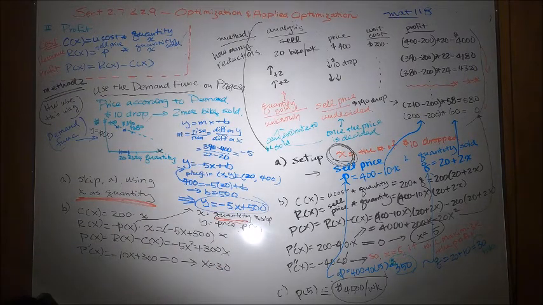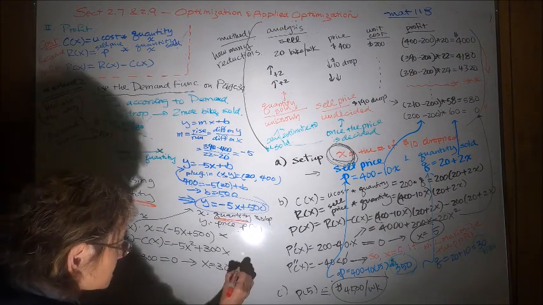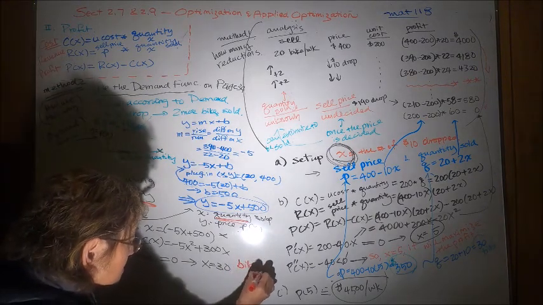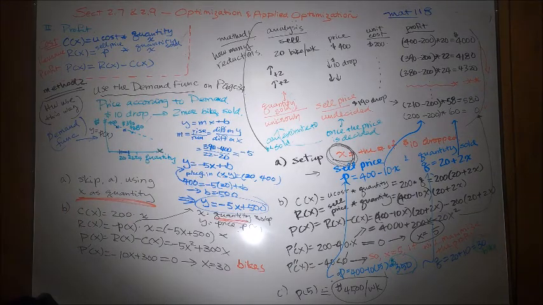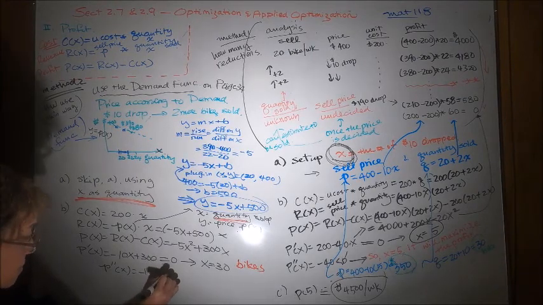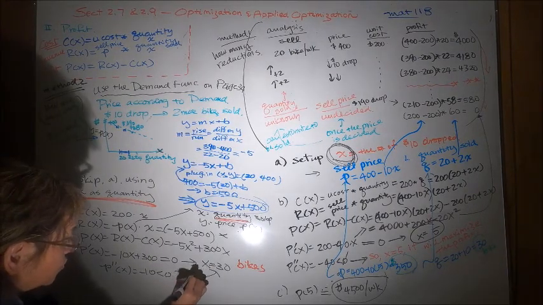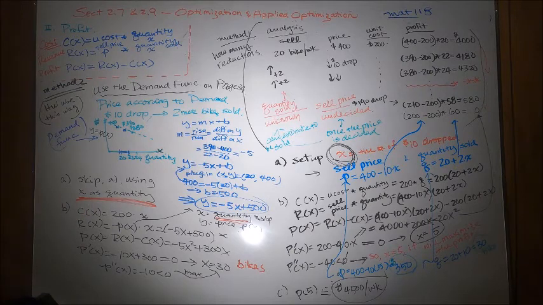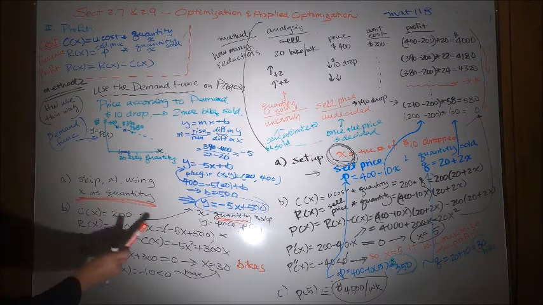That means when you sell 30 bikes, you will maximize or minimize your profit. So P double prime of x is negative 10, less than 0, that means you will maximize the profit when you sell 30 bikes, because x is quantity.